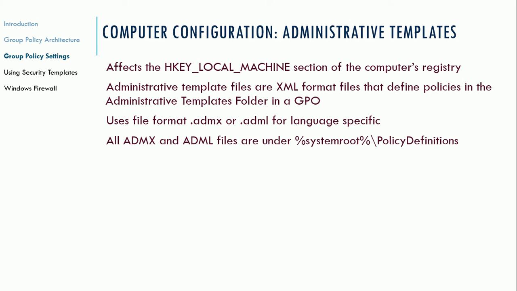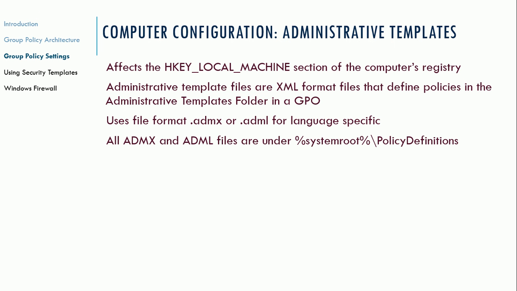But those file settings are going to be set in a text file, essentially. Now, prior to Windows 2008, that file was a .adm file, which was sort of a proprietary markup for Microsoft. They switched to an XML-based file, which is an ADMX file.